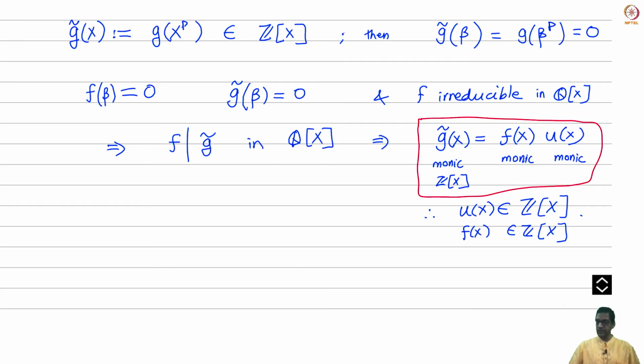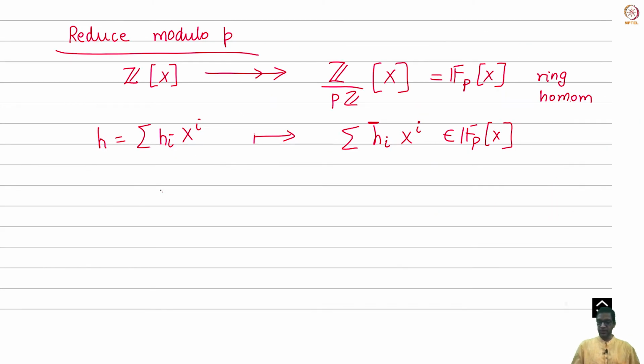Recall I have this equation here that g tilde is f times u, and all three things are in Z[x]. So I will just apply my homomorphism to this equation. I have g tilde equals f times u, that's an identity true in Z[x].